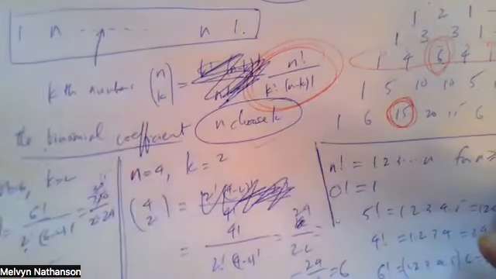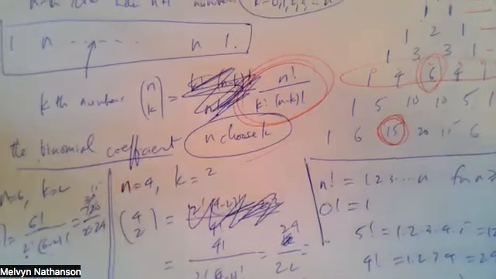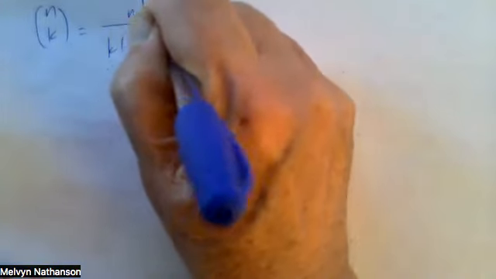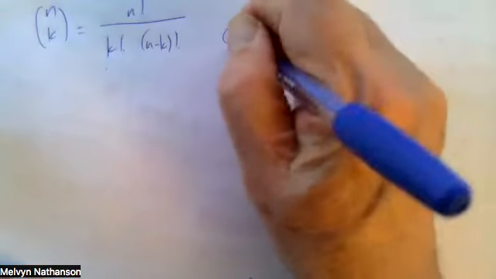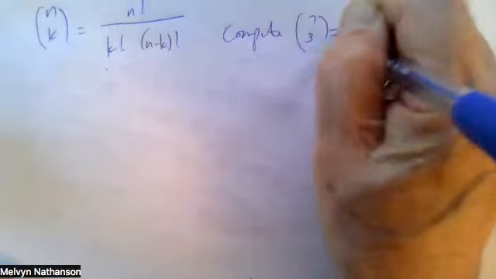So this is Pascal's triangle. It's a very beautiful array of numbers. Just to see if you can do the calculation, recall n choose k, this binomial coefficient, is n factorial over k factorial times n minus k factorial. So compute 7 choose 3.